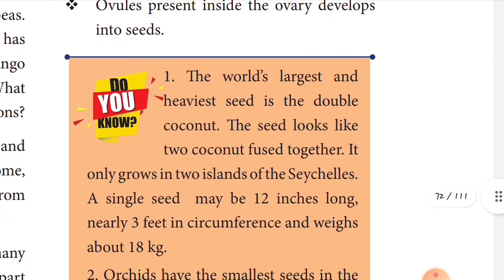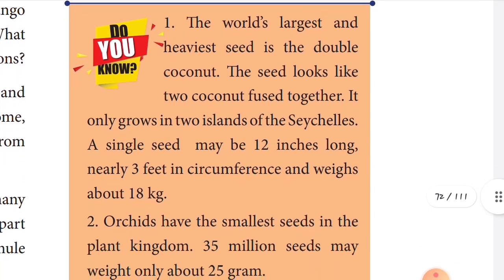Do you know, children, the world's largest and heaviest seed is the double coconut. The seed looks like two coconuts fused together. It only grows on two islands of the Seychelles. A single seed may be 12 inches long, nearly 3 feet in circumference, and weigh about 18 kilograms.